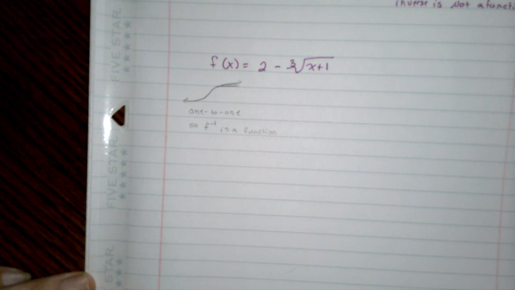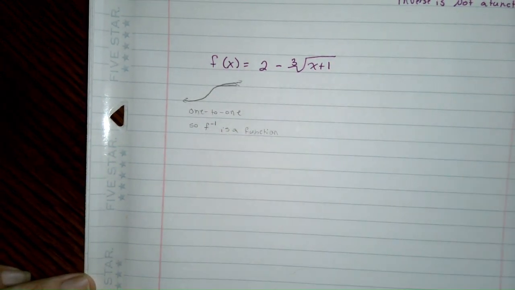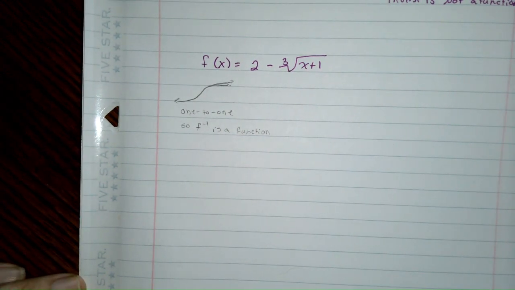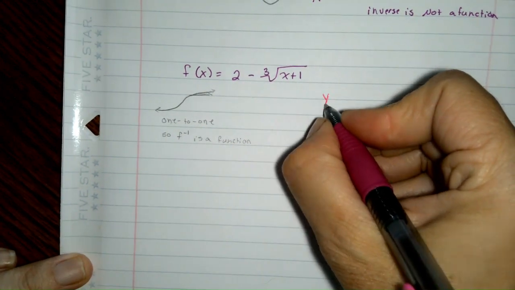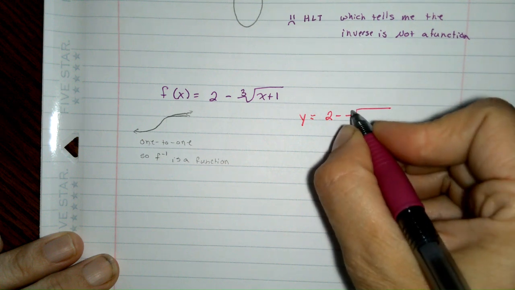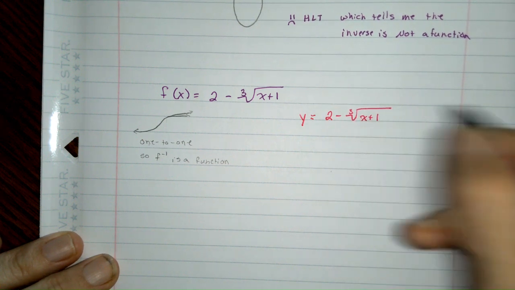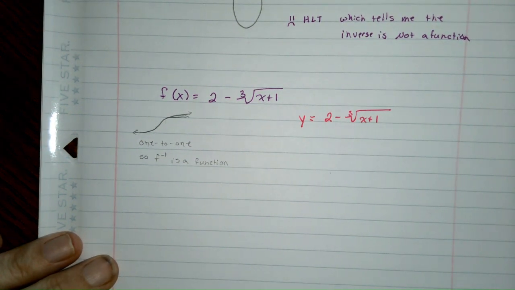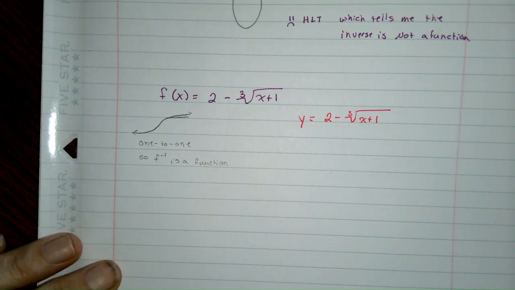Okay, I find at this level a lot of students get confused with f of x, so I'm going to rewrite this problem. Y equals 2 minus the third root of x plus 1. Now, I need to find the inverse equation, not the inverse graph. I could graph it and then find the inverse. I don't want to do that. I want to find the actual inverse equation.